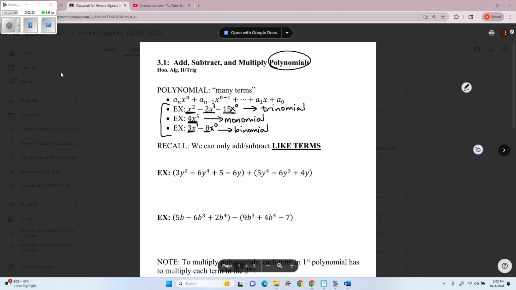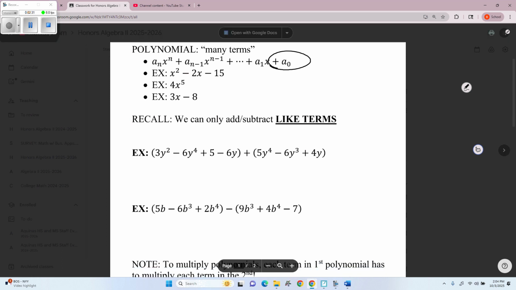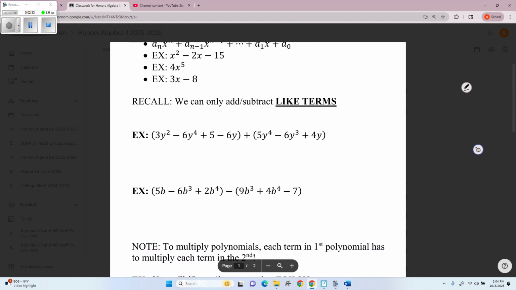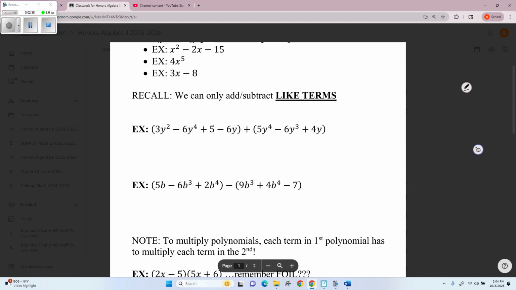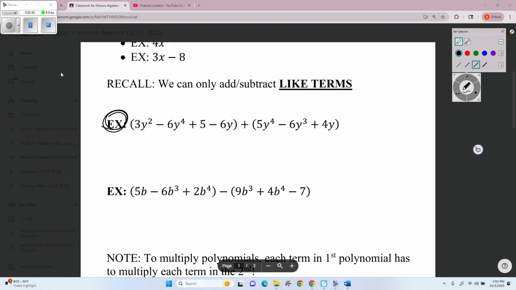To work through our next couple of examples, we're really just adding and subtracting. The biggest thing to remember with these examples is that we can only add and subtract like terms.